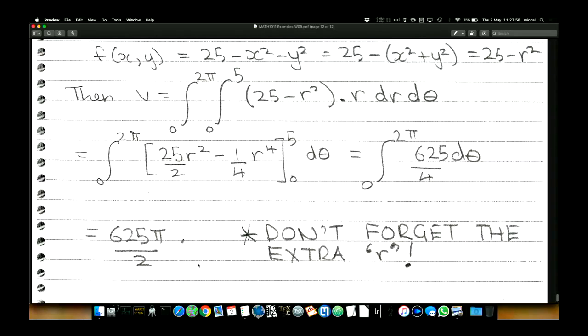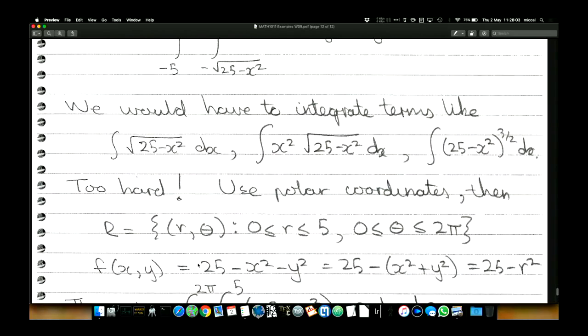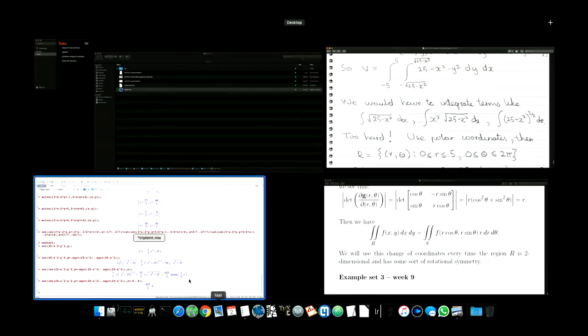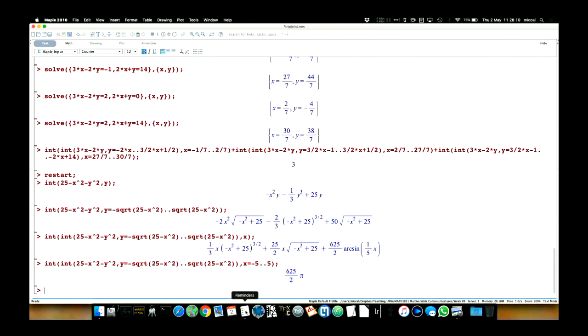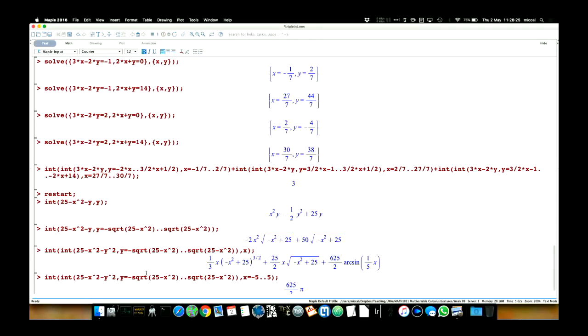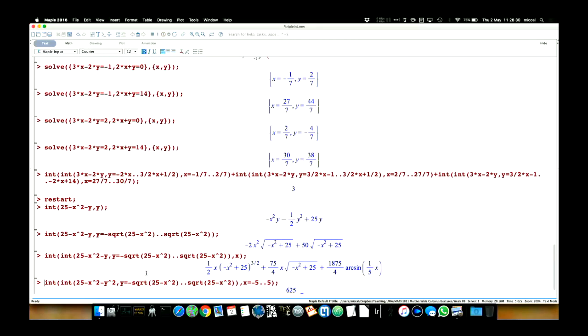But there could be other ones where Cartesian will be impossible. For example, if you change this even slightly, let's say I change this to, oh, that's not too bad.